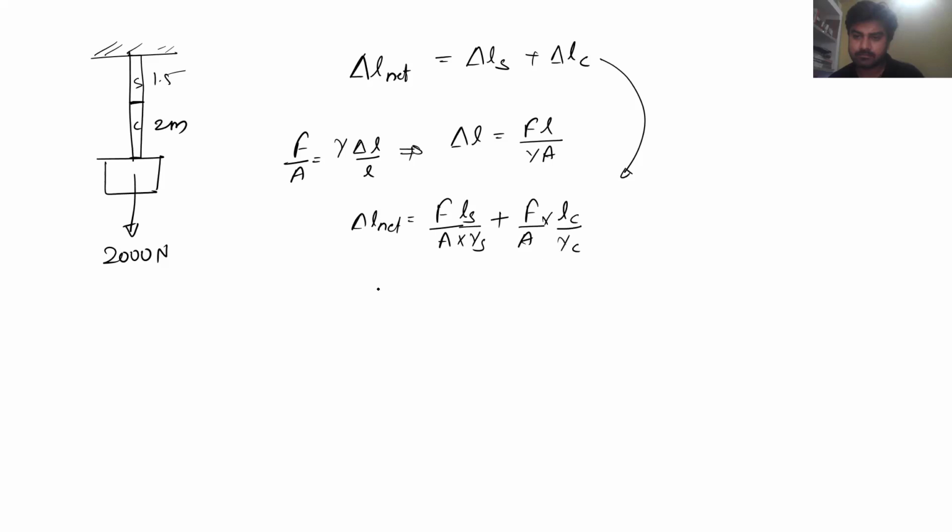Taking F by A common, it will be LS upon YS plus LC upon YC.